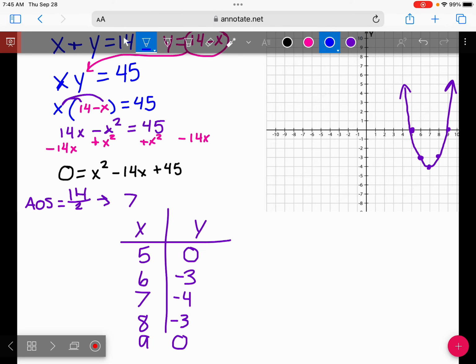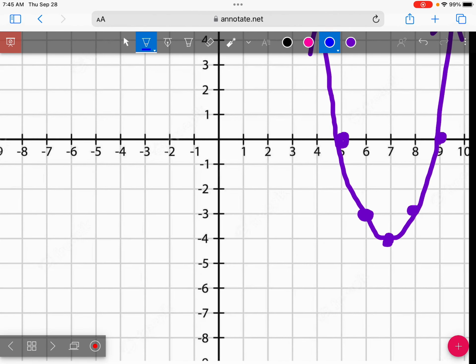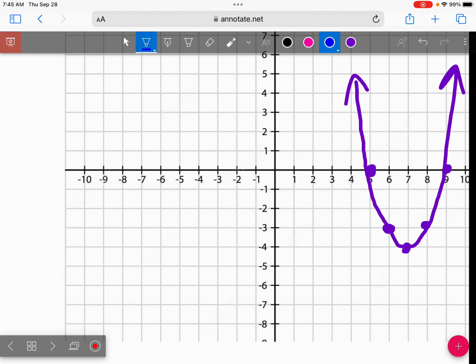And we're looking for our solutions, our roots, our zeros. Where do we have solutions? Where does this graph cross our x-axis? At 5 and at 9.